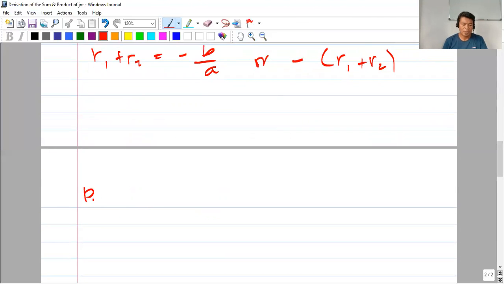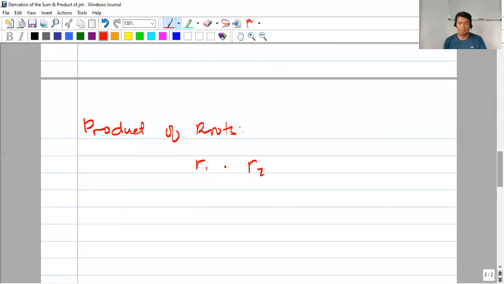Whereas in our product of roots, we have r1 times r2. We multiply the first root by the second root.